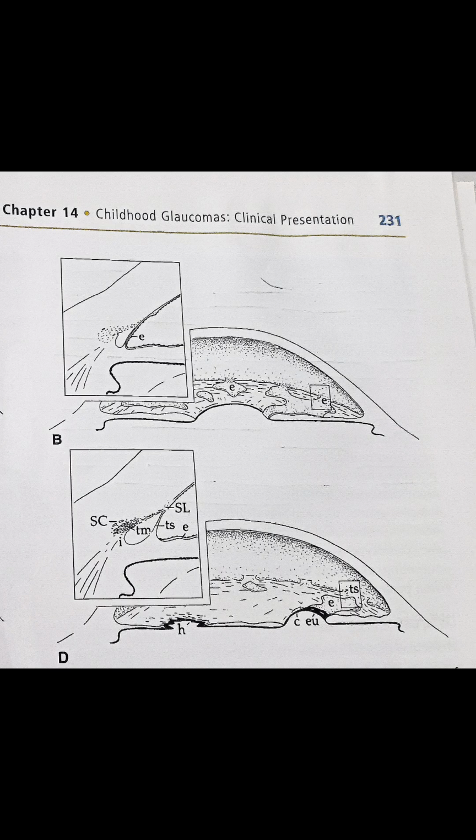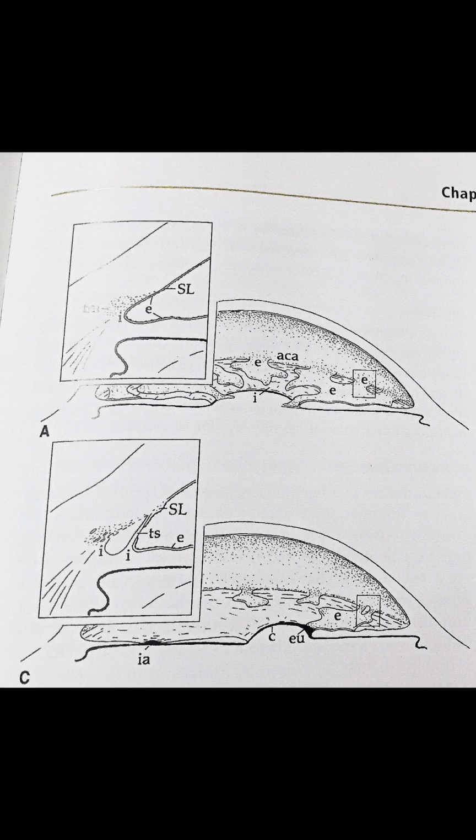Figure B. Development of tissue strands from retained endothelium crossing the anterior chamber angle. Figure C. Contraction of retained endothelium with iris changes of correctopia, C, ectropion uvea, EU, and iris atrophy, IA, which may continue after birth.